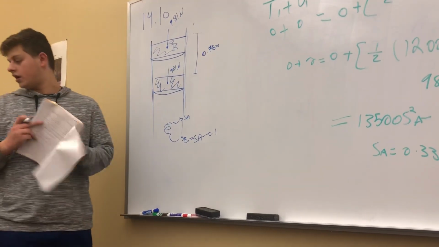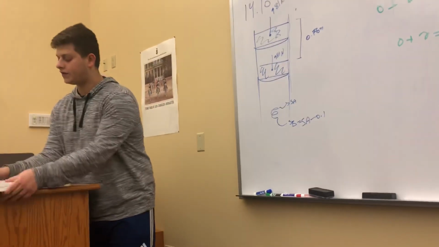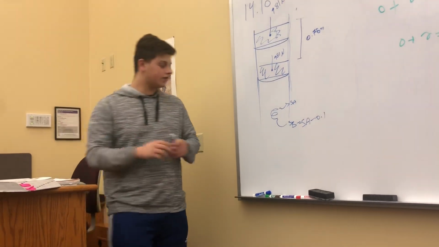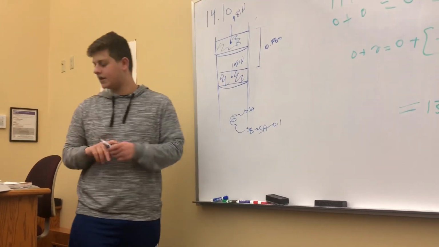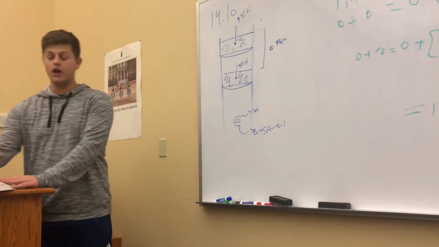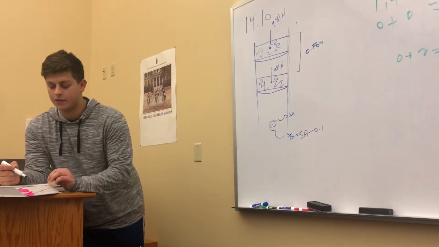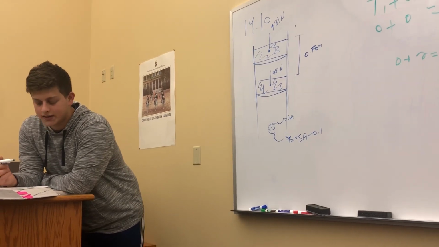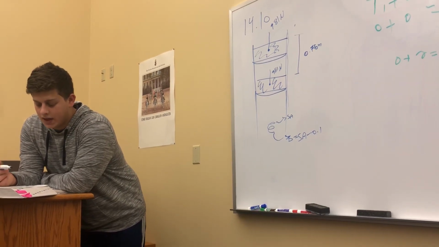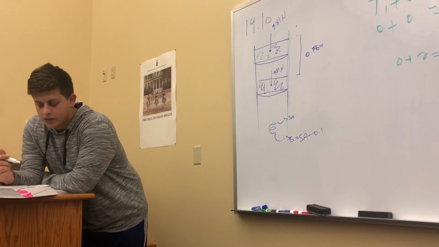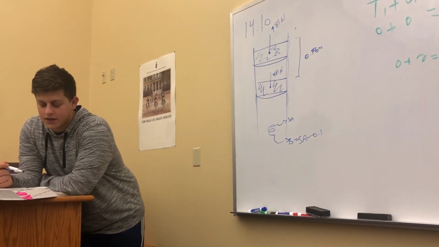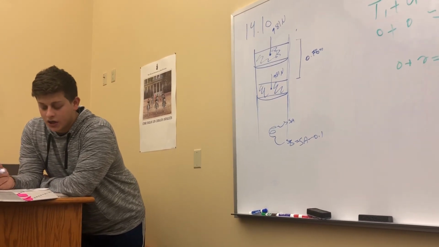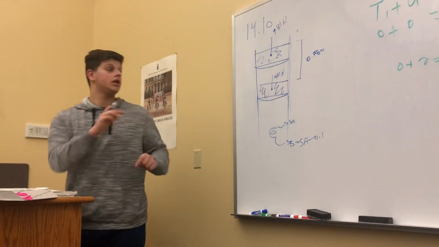So, let's come to the final problem and solve it. So I'm solving 14-67, which it says right here, the 30-pound block A is placed on top of two nested springs B and C and then pushed down to the position shown. If it is then released, we have to determine the maximum height h to which it will rise.